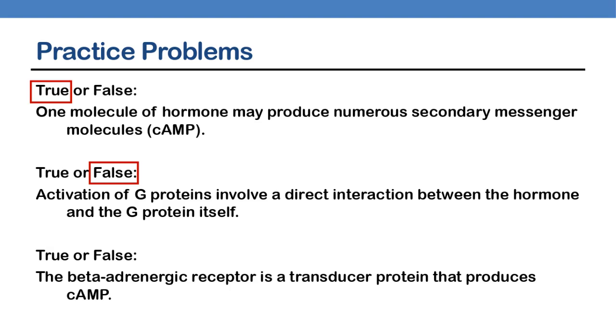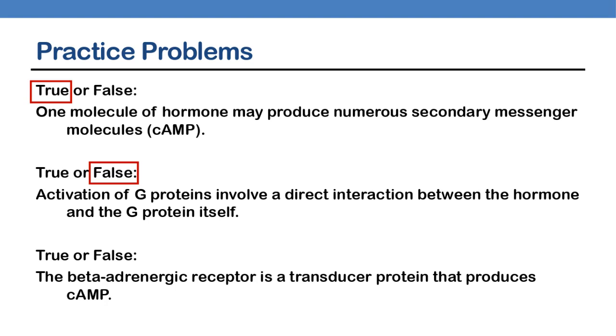And then last but not least, we have: the beta-adrenergic receptor is a transducer protein that produces cAMP. Okay, we've got a bit of a tie.